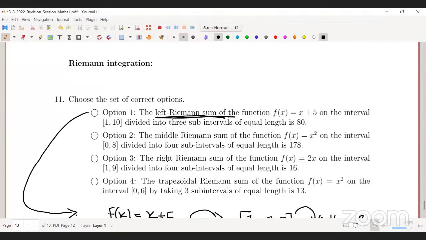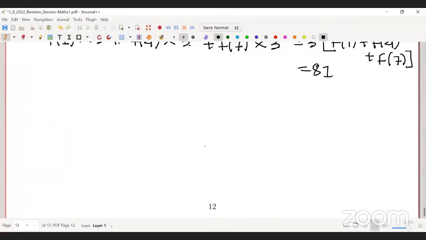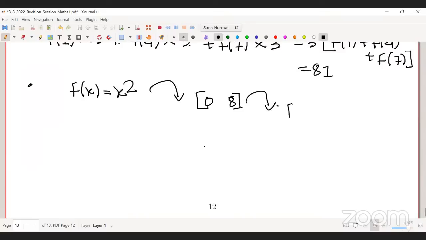So the next thing is you have to compute the middle Riemann sum of this function f of x equals x square on the interval 0 to 8, and the interval is divided into 4 sub intervals.